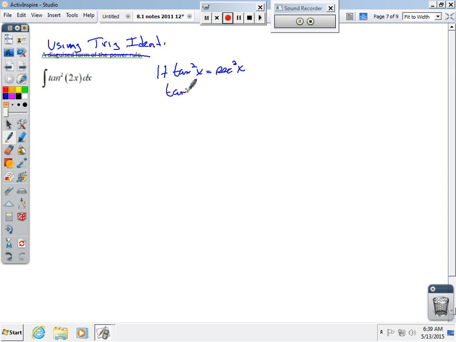So tangent squared x is equal to secant squared x minus 1. And again, if you tried u substitution, it's not going to work. So we're going to replace tangent squared 2x with secant squared 2x minus 1. So rewrite this as secant squared 2x minus 1, and that whole thing dx.